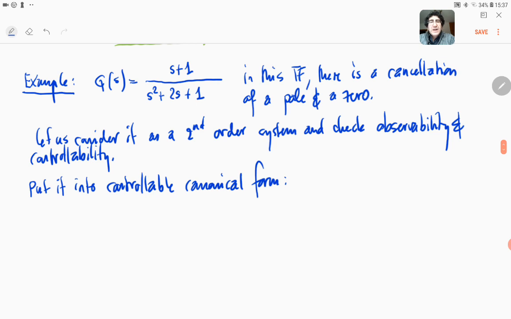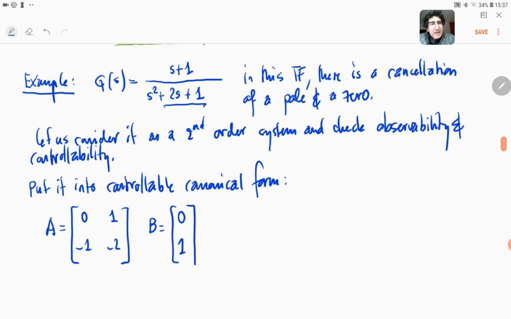So we can do this directly from the coefficients of the system, right? We will have 0 and 1 in the first row, and then -1 and -2 in the second row from the coefficients in the denominator polynomial. We have b is equal to 0 and 1, and c is given from the numerator polynomial, and we will have 1 and 1.